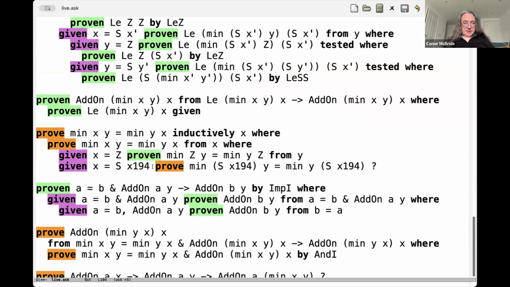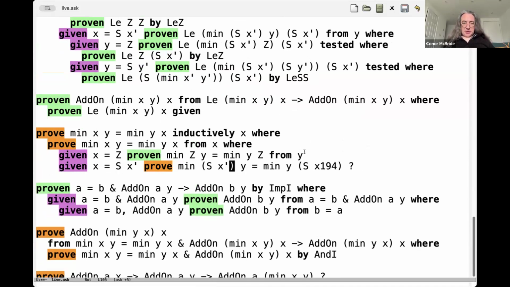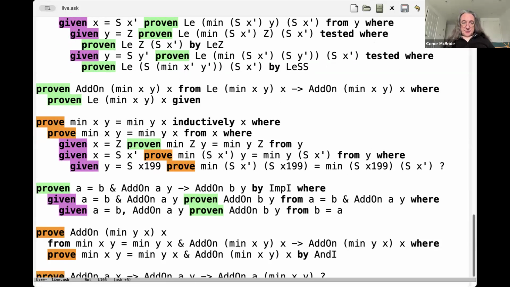And then this is x prime. Oop. X prime. X prime. What do we do? Well, we're going to have to look at y, aren't we? And we get no case for 0. That just computes away.